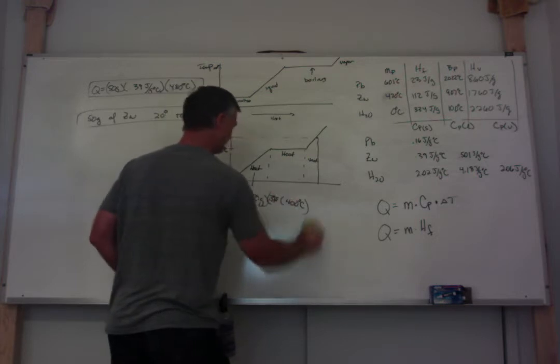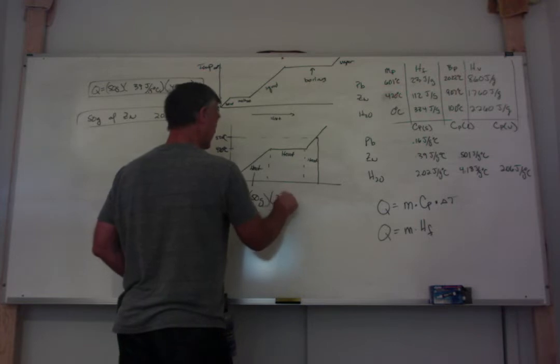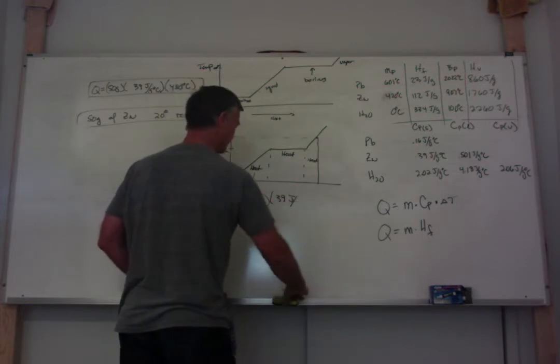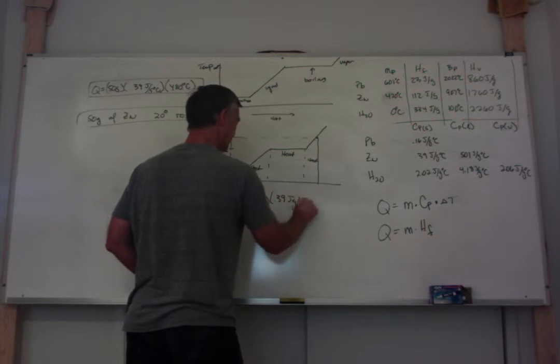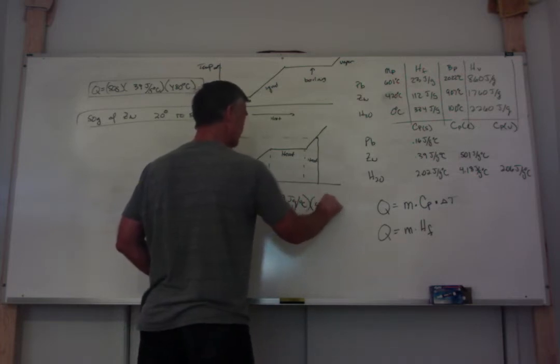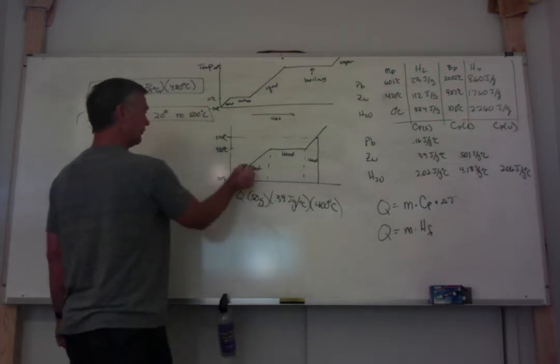I should write that nicer. 0.39 joules per gram degrees Celsius, and 400 degrees Celsius. This is the heat for this section here.